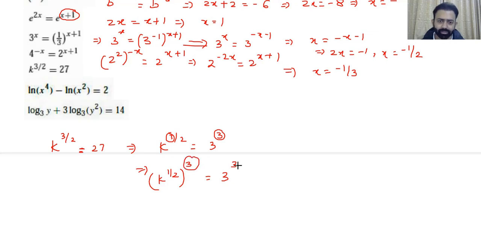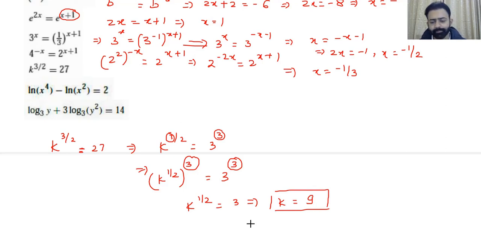Now I have made the exponent the same. We can compare the bases. Meaning k raised to power half is 3, squaring on both the sides, k gives you 9. So k is 9. Right? So 9 raised to power 3 by 2 is in fact 27.